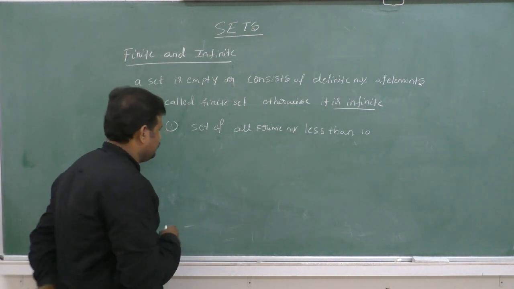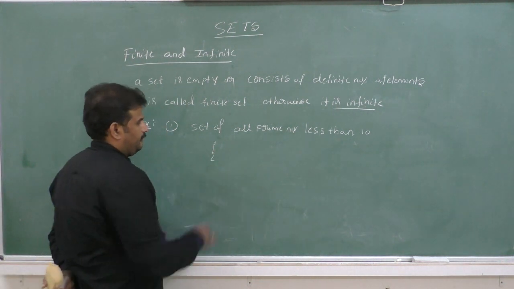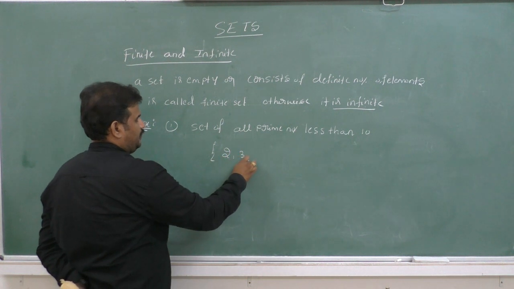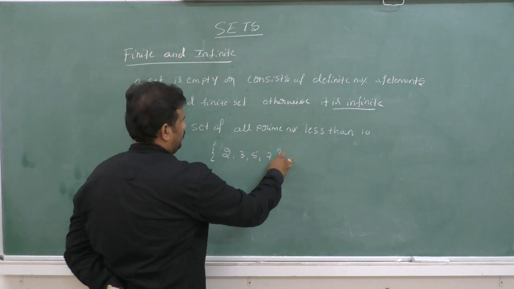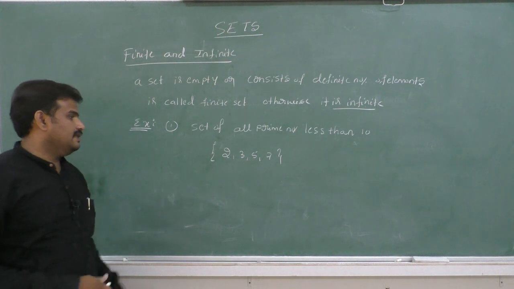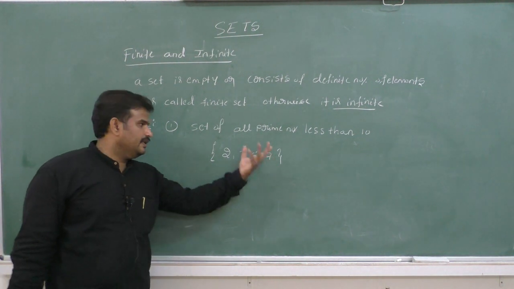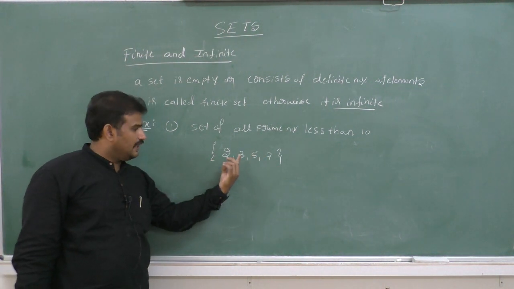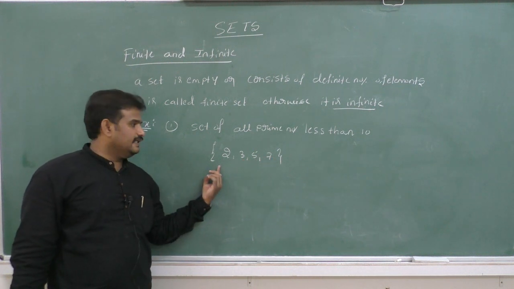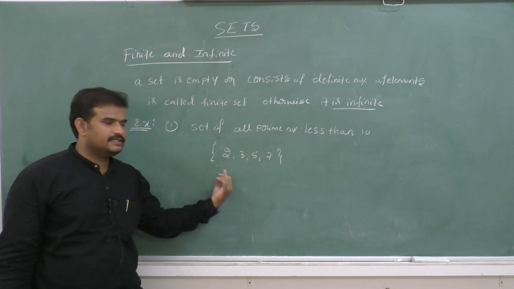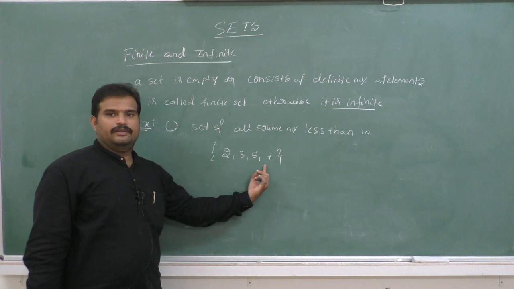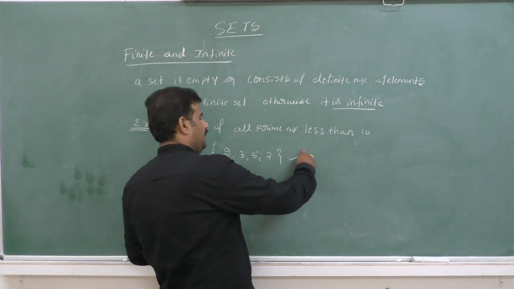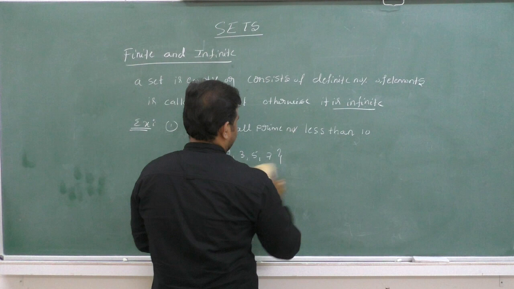What are the prime numbers less than 10? The prime numbers are 2, 3, 5, 7. These are the prime numbers less than 10. So how many are there in this? Definite numbers. That is 1, 2, 3, 4. The set having 4 elements. So clearly it is a definite number of elements. So it's an example of your finite set.